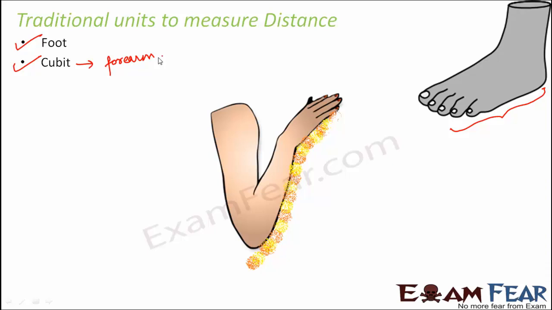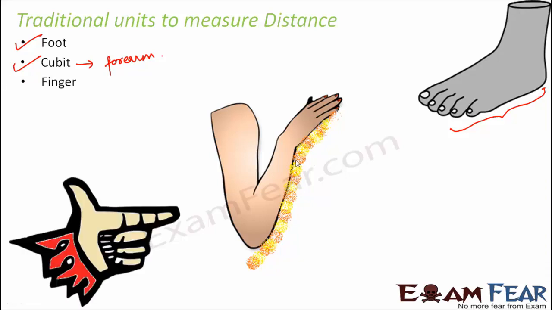If you ask them the price for the garland, they generally tell you the price per cubit. They will measure that garland as per the length of their forearm, and they will charge you maybe 30 rupees for 1 cubit. That's how they still measure the length of garland. So that was another traditional unit.